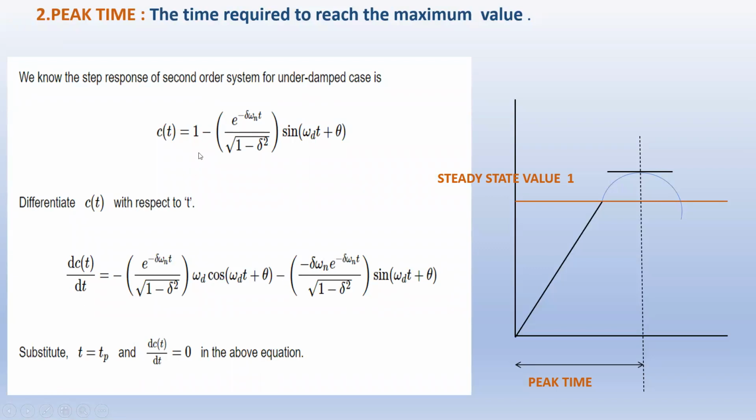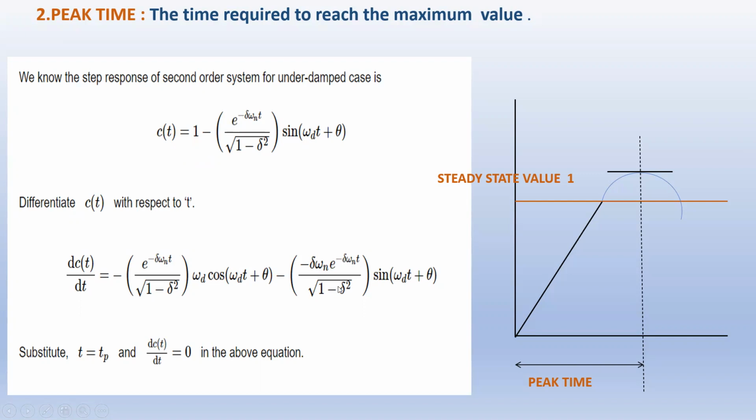Leaving this alone, if we now differentiate the exponential, the differentiation of e power x is e power x. But differentiating the inner term minus delta omega n t, we have minus delta omega n.